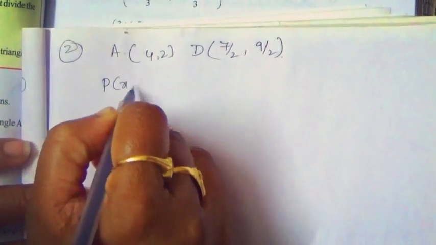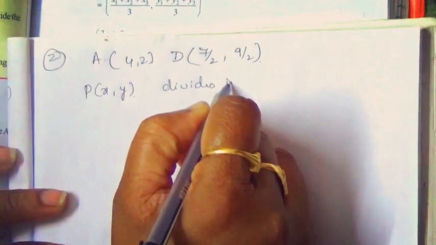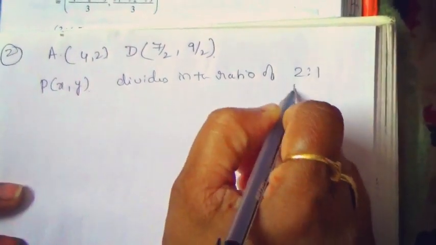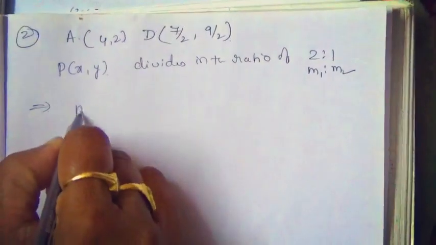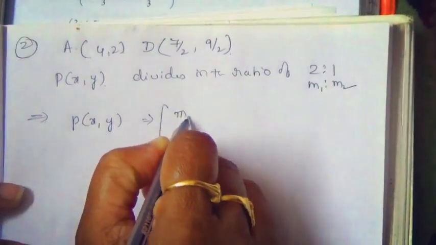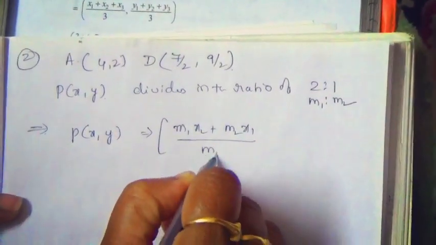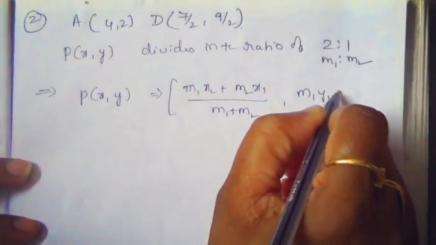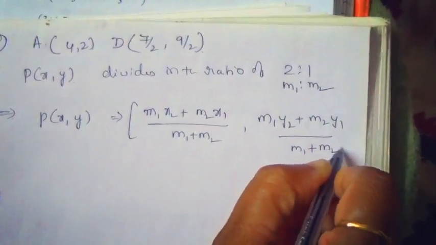So that is P of (x, y), and it divides in the ratio of 2 to 1, that is m1 is to m2. What is the section formula? (m1 x2 plus m2 x1) by (m1 plus m2), (m1 y2 plus m2 y1) by (m1 plus m2).